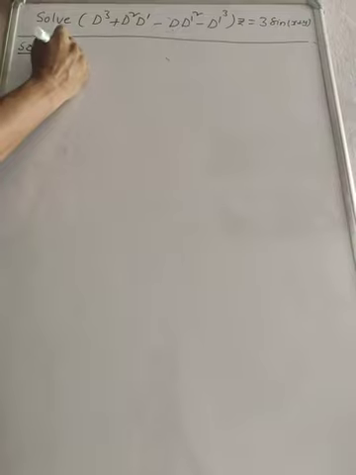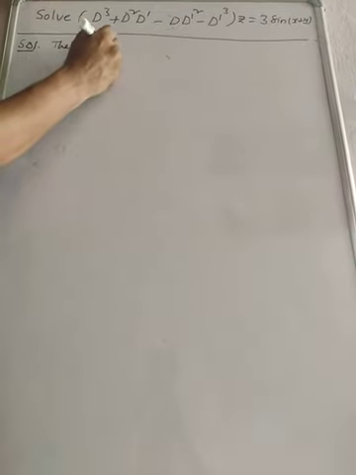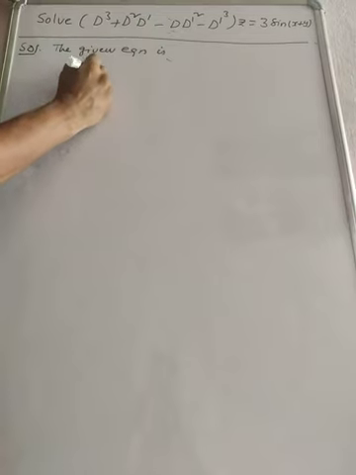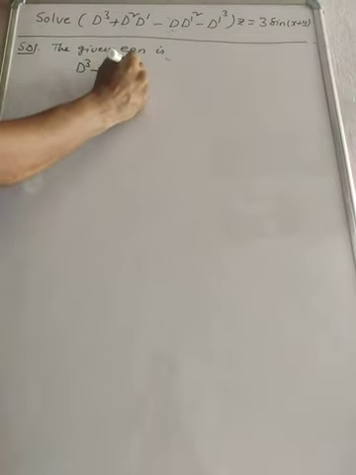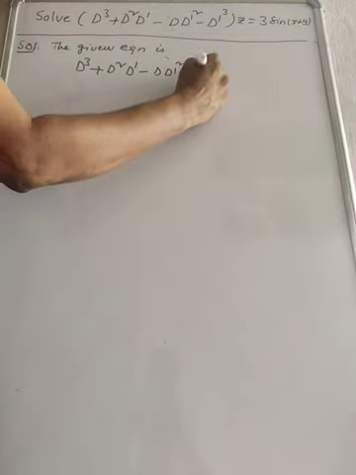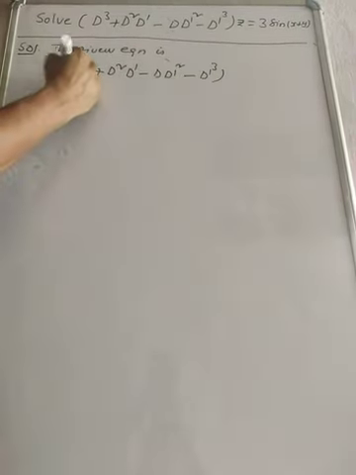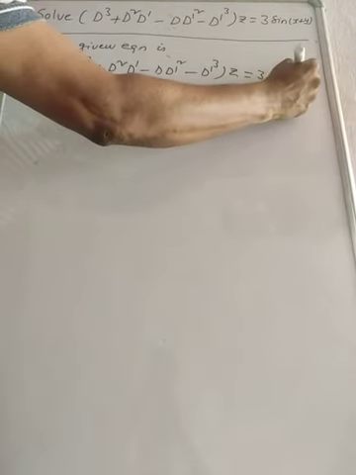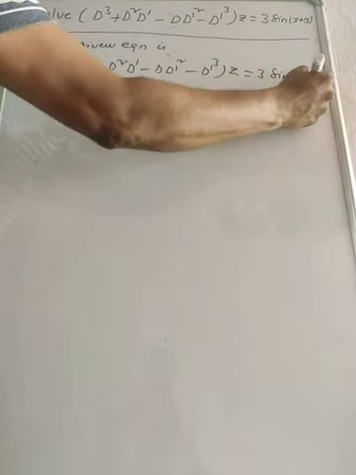The given equation is (D³ + D²D' − DD'² − D'³)z = 3 sin(x + y). Say this is 1.